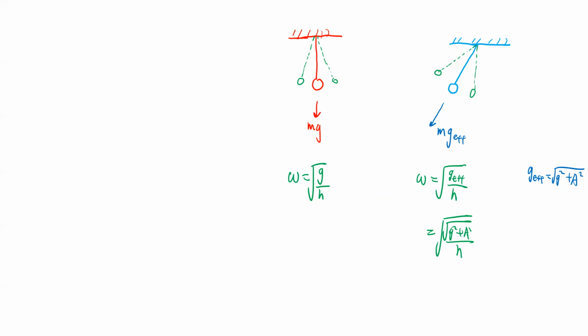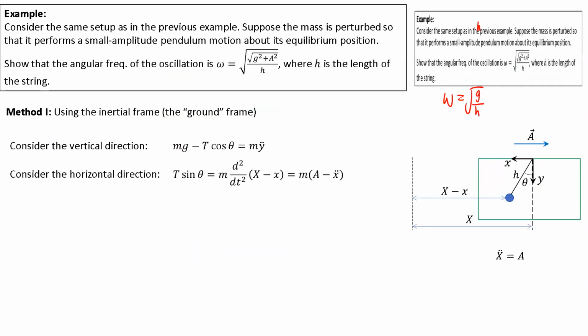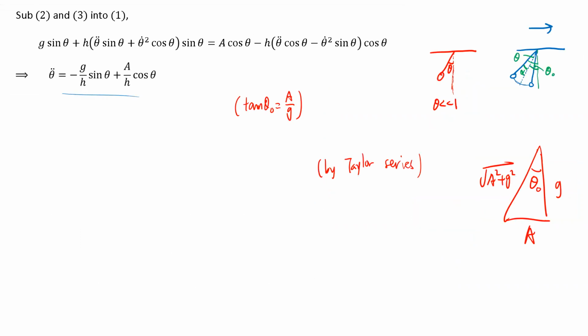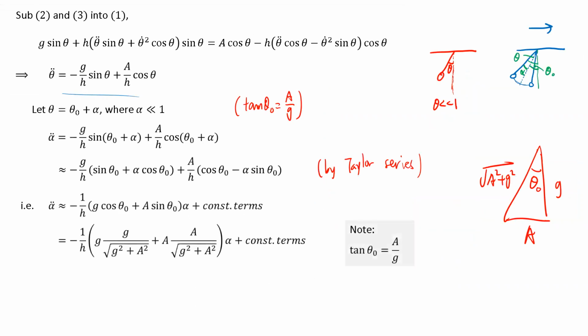So why is it easier to do the problem this way? It's because previously, when we did it in the inertial frame, we had to deal with this addition of velocities, meaning the addition of accelerations.